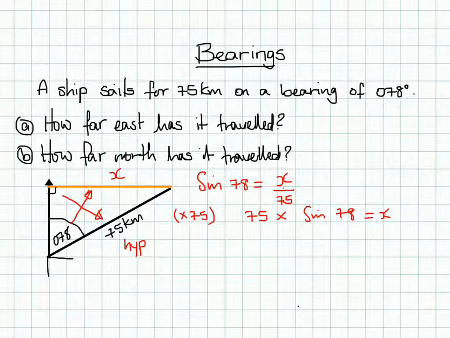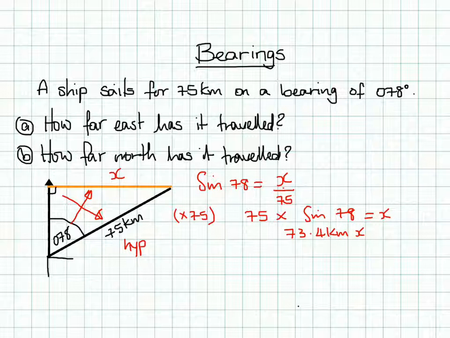We do a quick bit of calculation, typing it in exactly as we see it here. This gives us 73.4 kilometers. So basically, we need to go 73.4 kilometers east in order to get in line with that ship.